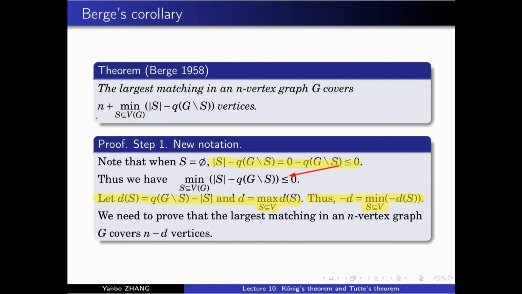So we see here n plus this parameter, this parameter is minus d, so this is n minus d. So we need to prove that the largest matching in an n-vertex graph G covers n minus d vertices. Here we introduce some new notations. All the notations are only for convenience.